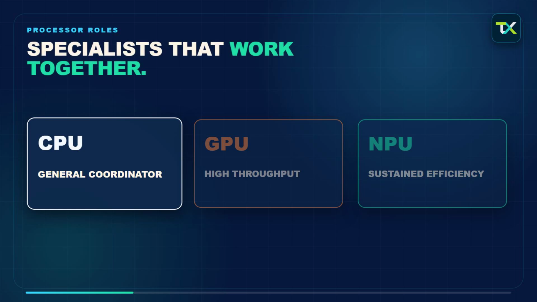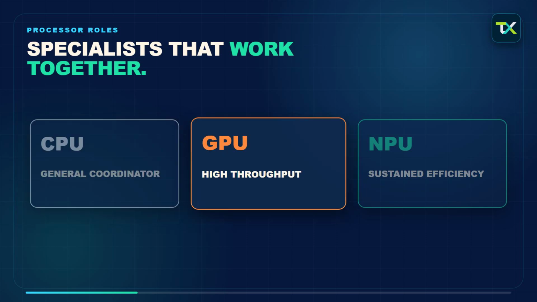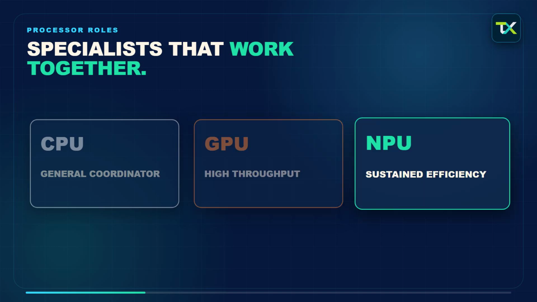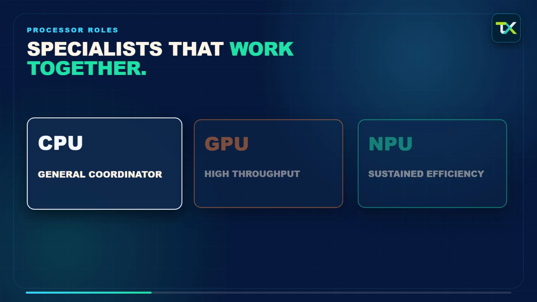Think of the 3 processors as specialists that can also work together. The CPU is the general purpose coordinator and remains useful for responsive, lower latency work and broad software compatibility. It can also provide a fallback when a workload does not have a dedicated accelerator path. The GPU is designed for large amounts of parallel work, which suits many image, video, and generative artificial intelligence workloads.